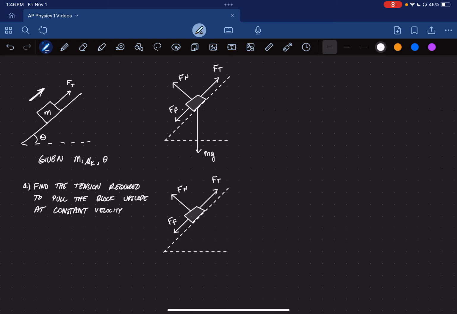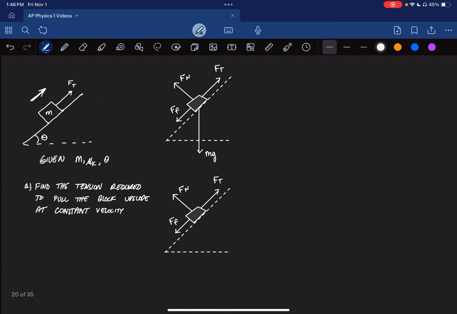So Ft and Ff are in great directions that we can use Newton's second law with. Fn is perpendicular to that, and I didn't draw it very well, but Fn is perpendicular, so that's great. Mg is the only one that is neither along the slope nor perpendicular to the slope, and so we want to turn mg into components.